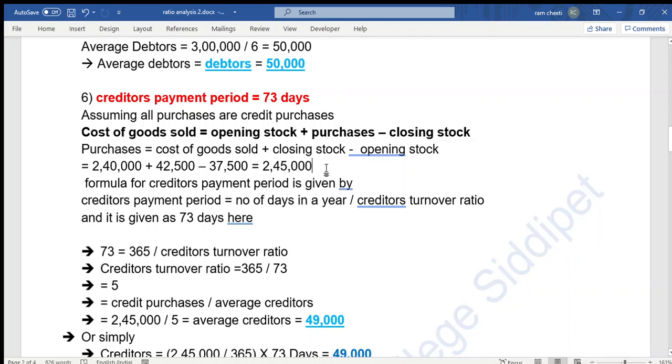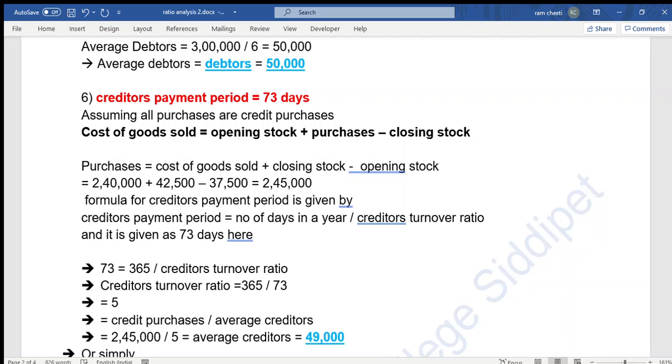Let me check. Yes, it is good. Opening stock plus purchases minus closing stock.